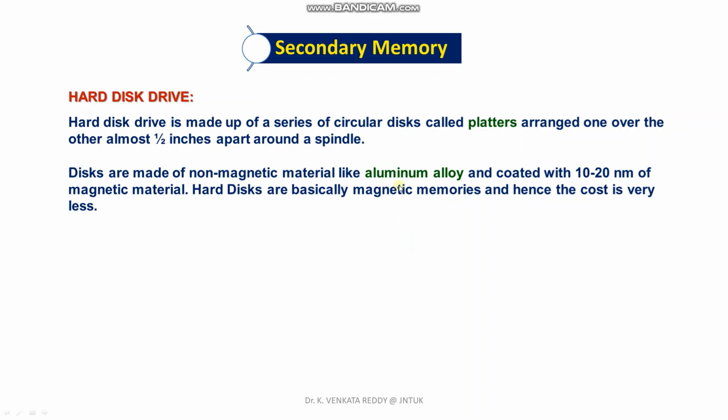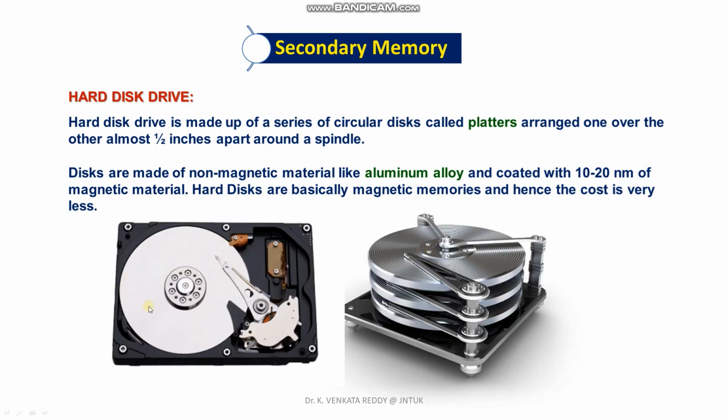Hard disks are made up of a series of circular disks called platters that are arranged one over the other. These disks are made of non-magnetic materials such as aluminum alloy and coated with 10 to 20 nanometers of magnetic materials.